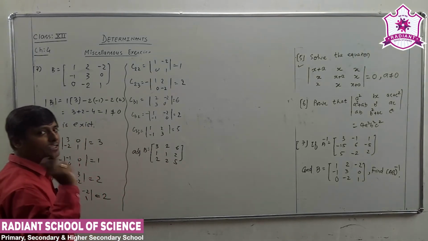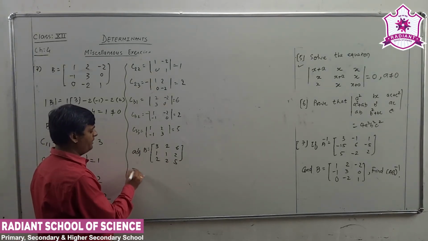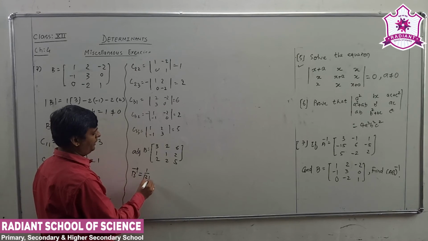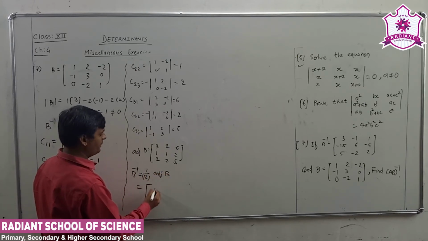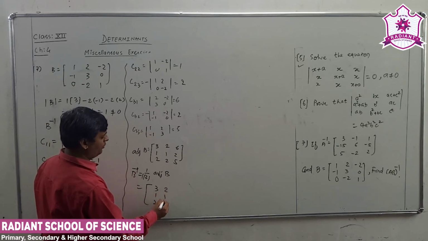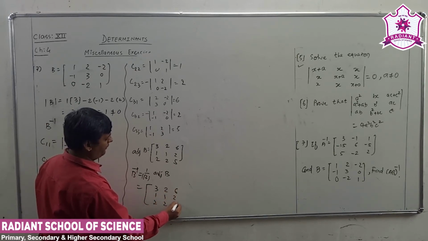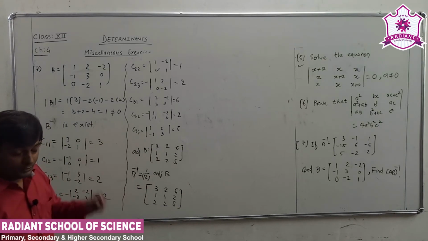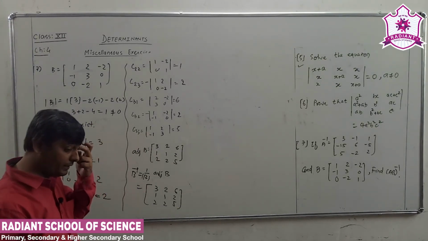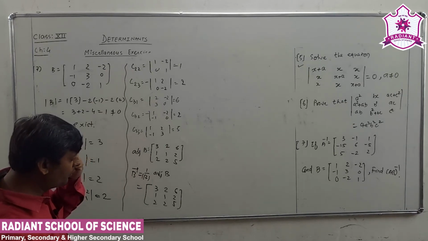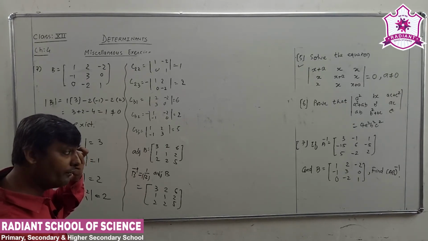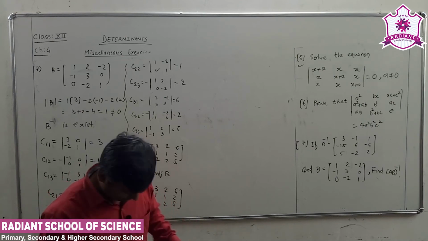We got the adjoint of B. So what is the B inverse? 1 upon determinant of B into adjoint of B. It is your formula. So B inverse is equal to 3 1 2, 2 1 2, 6 2 5. Understand? Clear, students? Just check all the numbers: 3 1 2, 2 1 2 and 6 2 5. Right? So clear.